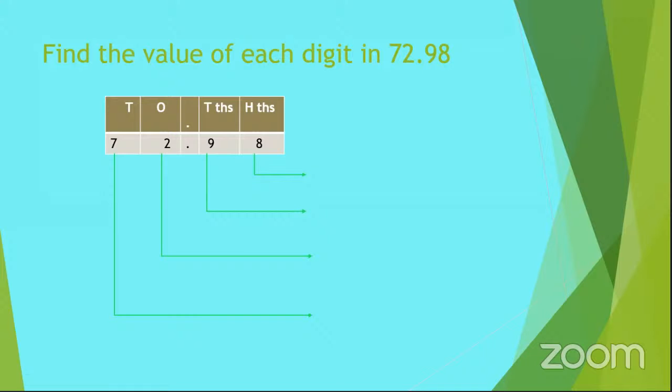To get the value of 8, we say 8 times its place value, which is hundredths. How do we write hundredths? We write 1 out of 100, because 100 carries only 2 zeros.